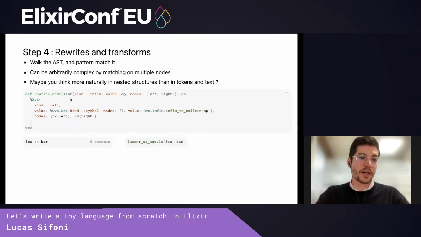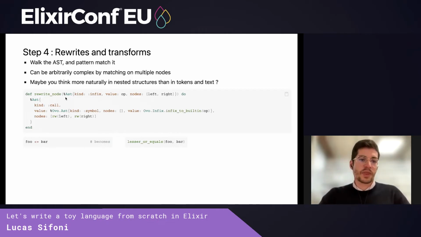Like here, I match on an infix node with a value of op, which is the operator, and left and right nodes, and I rewrite it to the built-in function calls that they were equivalent with, since I didn't have those infix operators at the start.